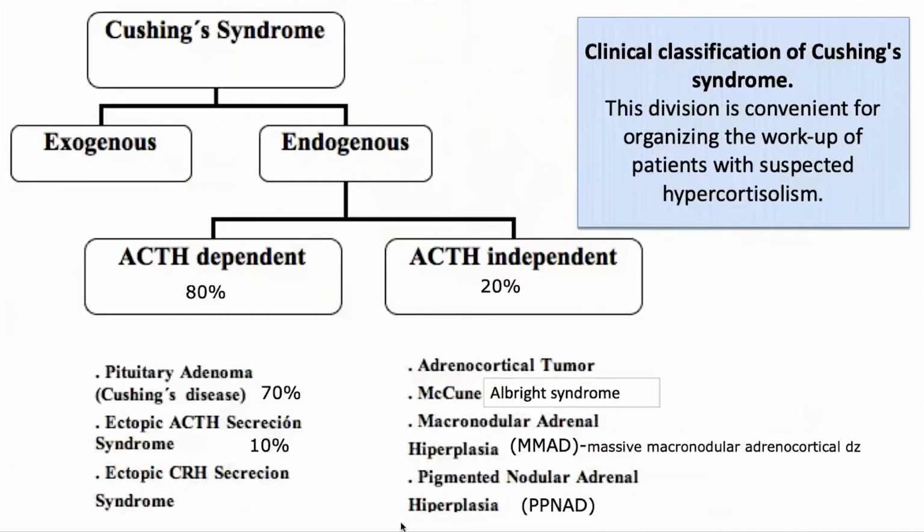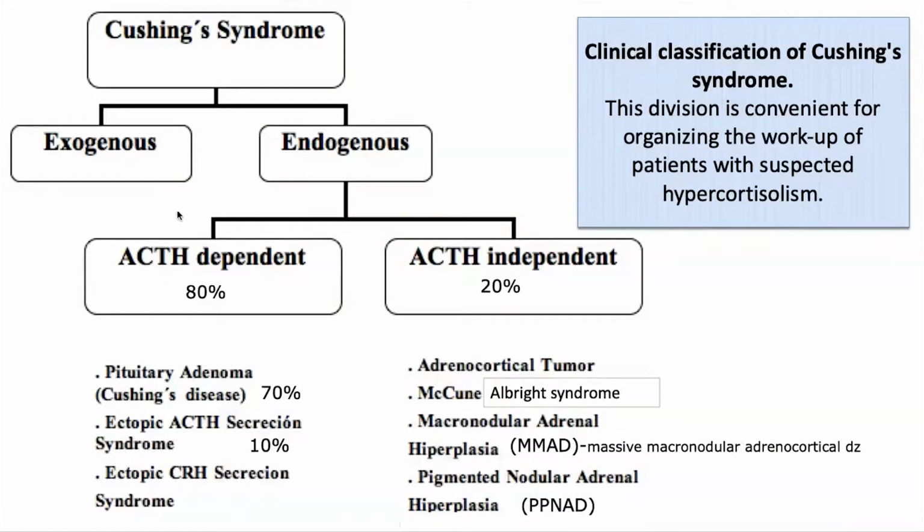In a clinical scenario, to make it practical, whenever a patient presents with or is suspected of Cushing syndrome, we divide it into two: exogenous or endogenous. To know which, it is very simple. If the patient never took any medication and is not on any steroid medication, then it's not exogenous.